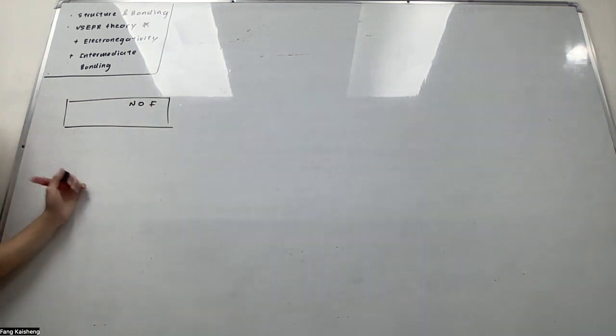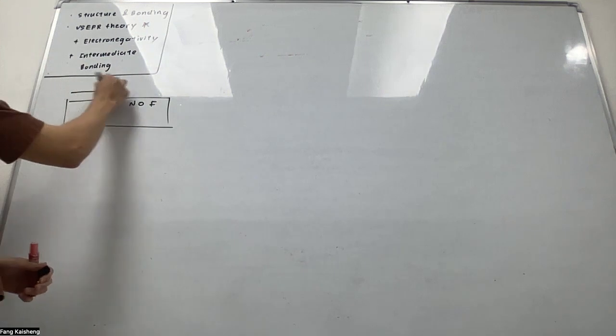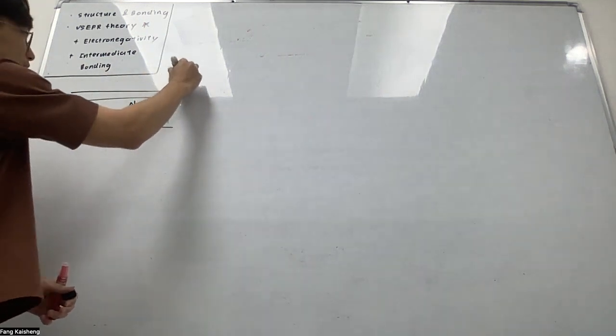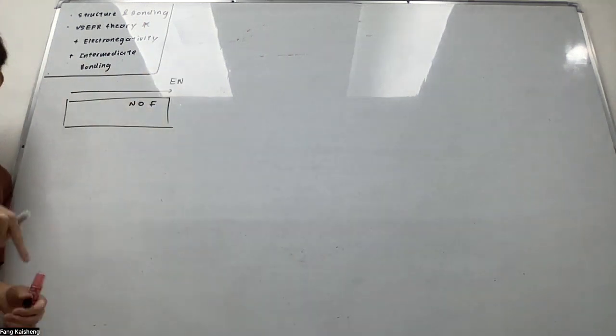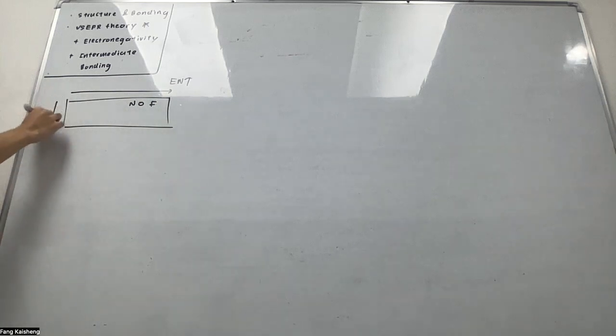Since you know FON is the most electronegative, I ask your inference skills. When you go across a period, electronegativity must increase or decrease? Increase, because you're going towards the highest range already. Then I ask you, down the group, electronegativity must decrease, because you're going away from FON.